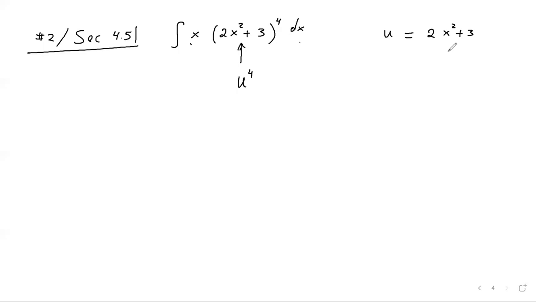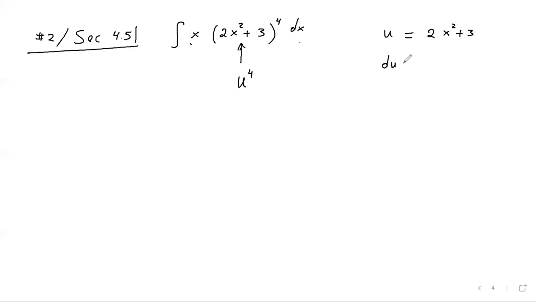Why does that also work? Well, it works because if you look at u prime, the derivative, that's 4x. It's not exactly x, but it's 4 times x. So I can figure out what x and dx would be together. That really is the trick here.